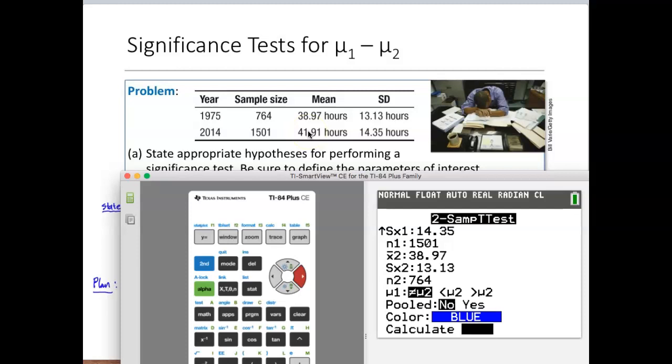Now we're going to say, okay, assuming the true mean difference is 0, how likely is it that we get a sample difference this large or larger? If it's super unlikely, then we have evidence that there is a true difference. If it's not that unlikely, then we could go, hey, it was probably just variability from sample to sample. What's your guys' intuition for this one? Do you think we're going to have evidence for the alternative that there is a true difference, or are we going to fail to have evidence?